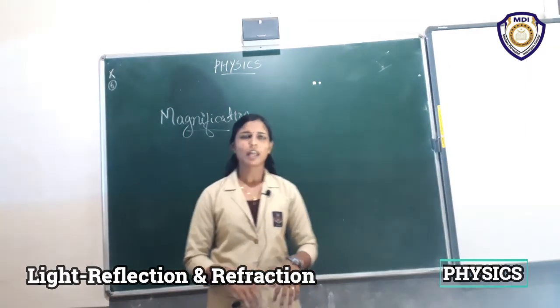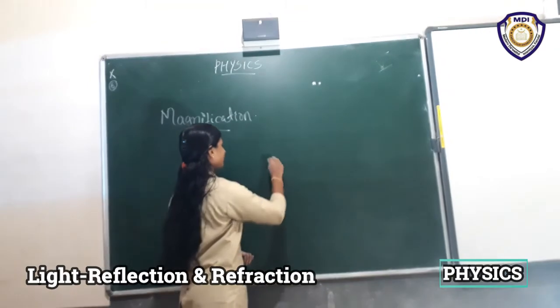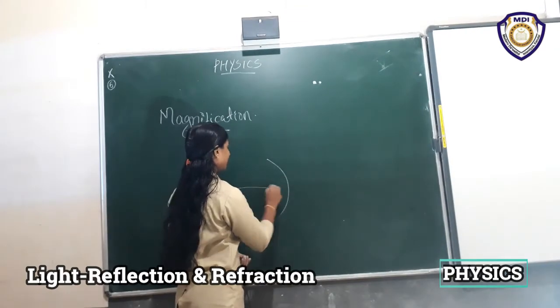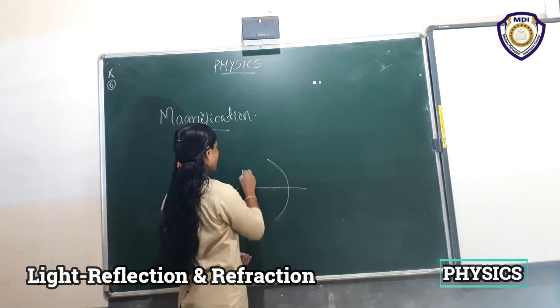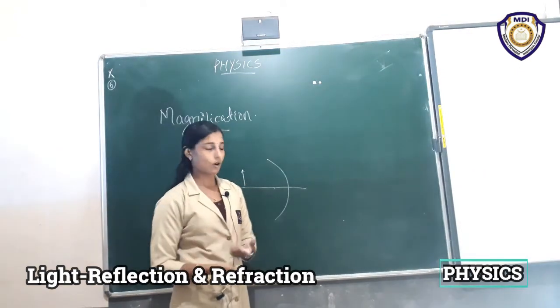That means if the object is here, we have to know where the image is formed.